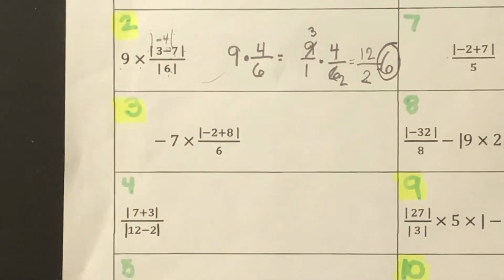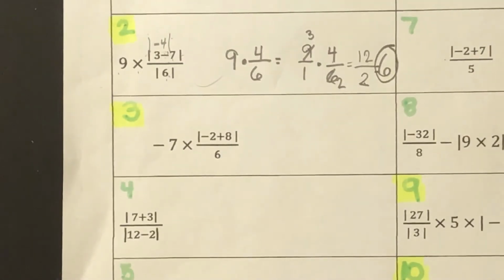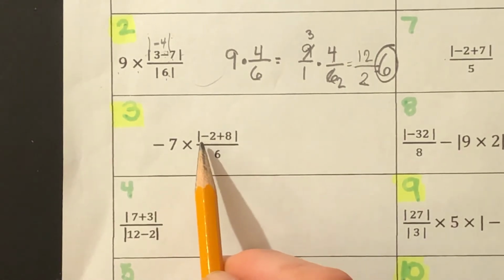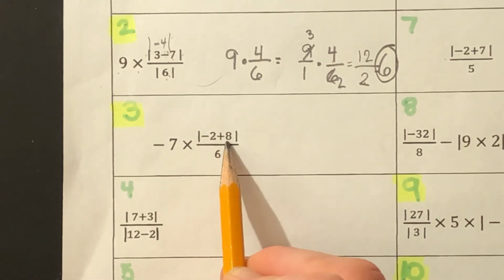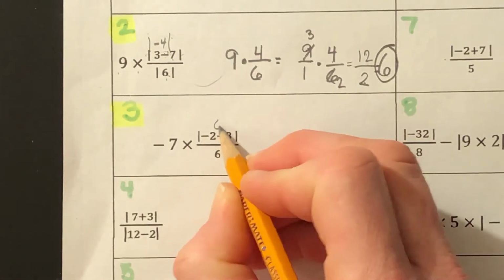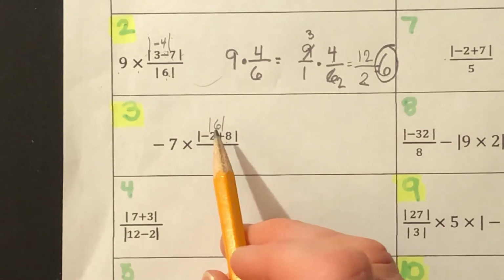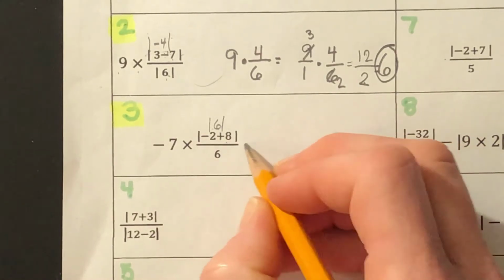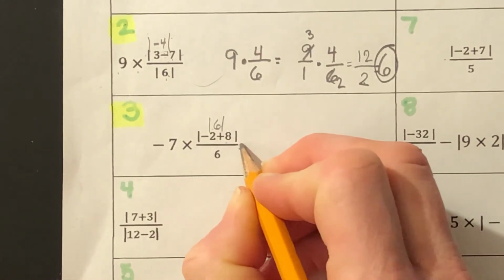Number 3. We'll start with the absolute value. Negative 2 plus 8 gives me 6. So I have the absolute value of 6. Let me rewrite this whole thing without all that space.